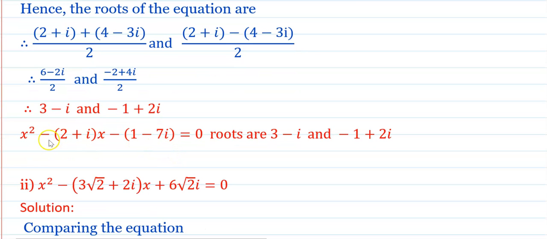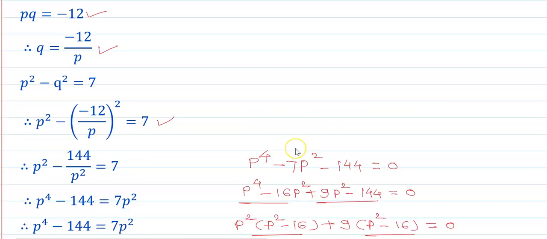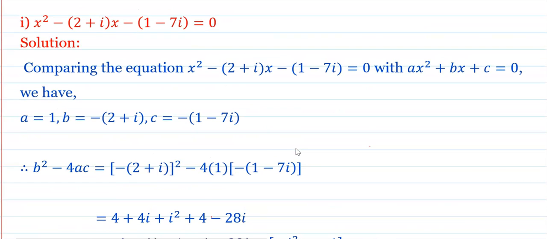And hence, x square minus (2 plus i) x plus (1 minus 7i) equals 0. What are the roots? The roots are 3 minus i and minus 1 plus 2i. These are the roots. You can have a look again once more.